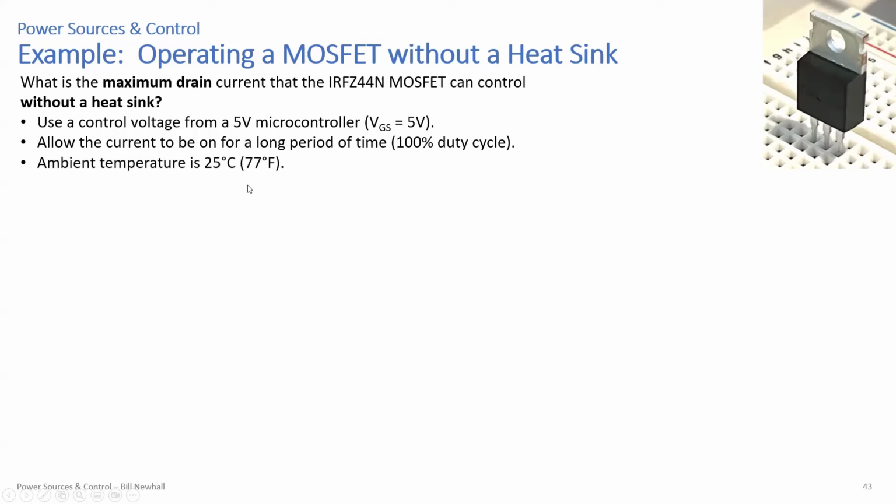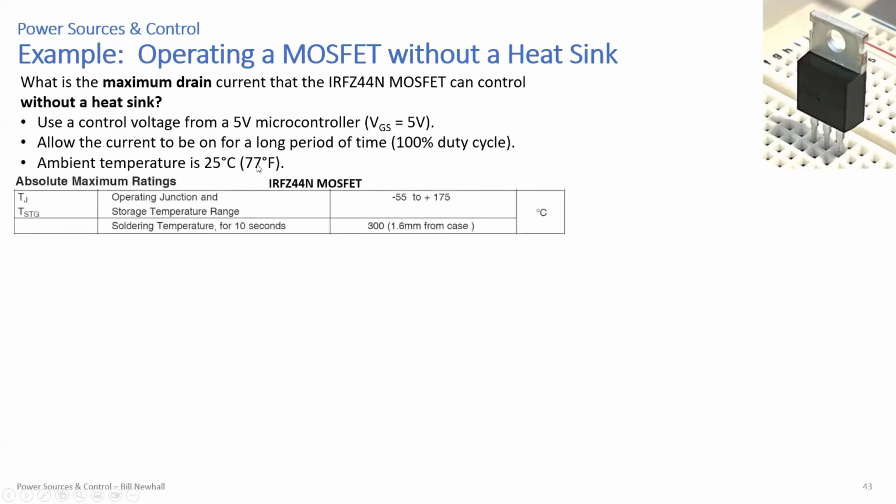And the ambient temperature is 25 C. Okay, so those are the conditions. And if you look into the data sheet of this MOSFET, you'll see T sub J, the operating junction temperature and the storage temperature range, is -55 to +175 C. Okay, there's also a soldering temperature here too.